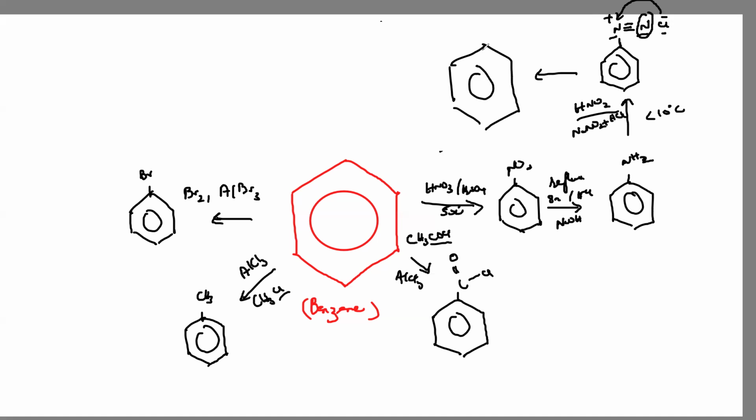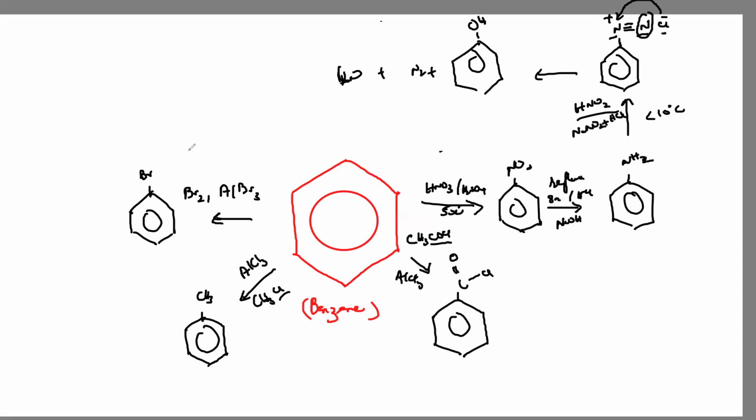It will produce phenol, which means the OH group is attached, and it will produce nitrogen and H2O. So these are the products which are formed.